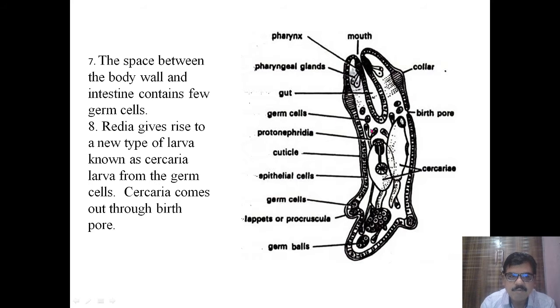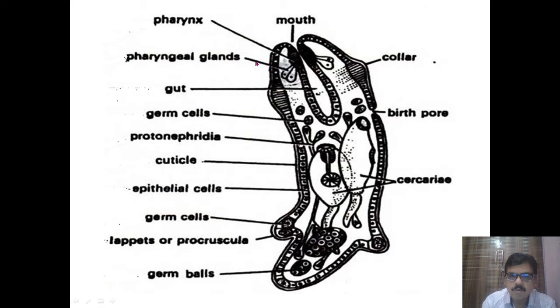And the redia gives rise to a new type of larva called the Cercaria larva. This Cercaria larva develops from the germ cells, and it comes out through the opening behind the collar, which we call the birth pore.